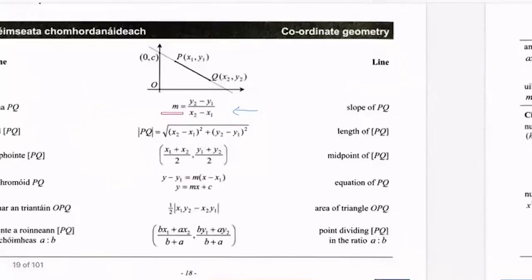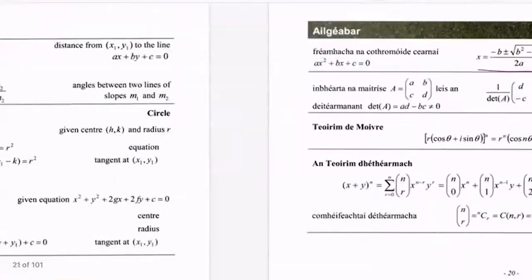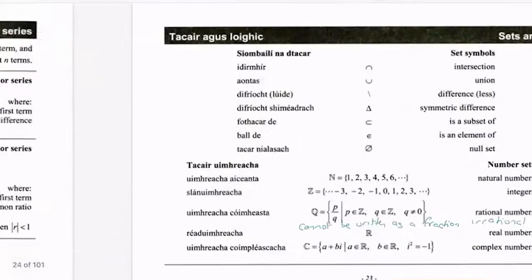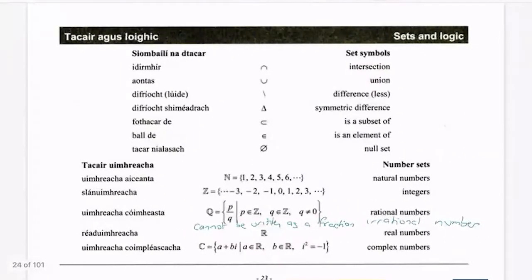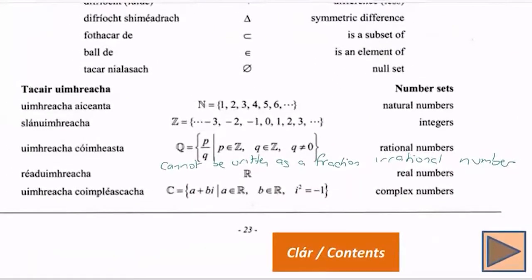Okay, I am going to my log tables to show you where this fits in the whole grand scheme of things. I'm looking for all the different number systems. Remember our number systems: our natural numbers, counting numbers, and integers, our Z's, which are all the whole numbers, negative, positive, and 0.